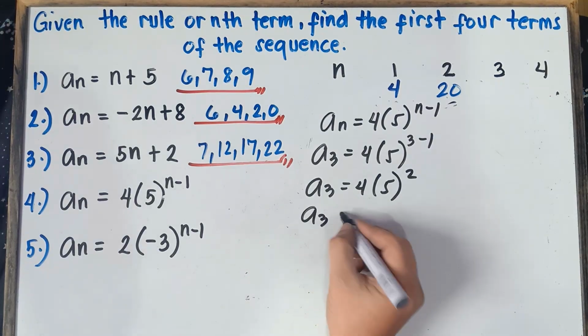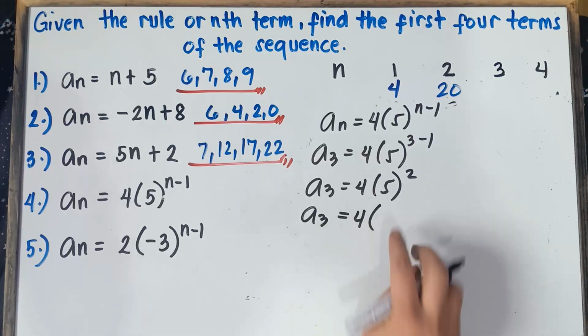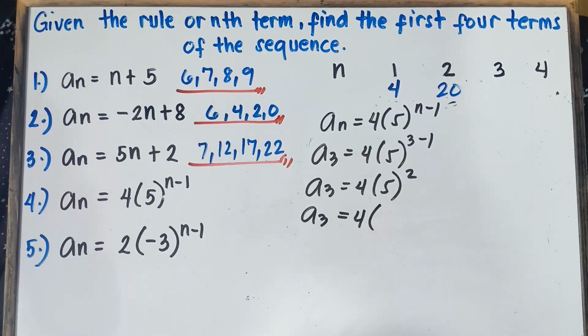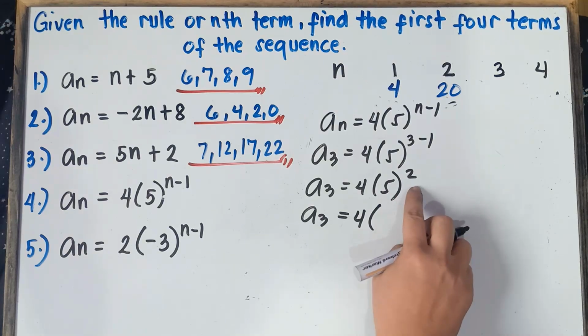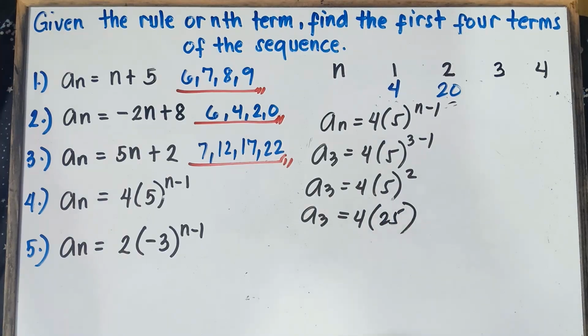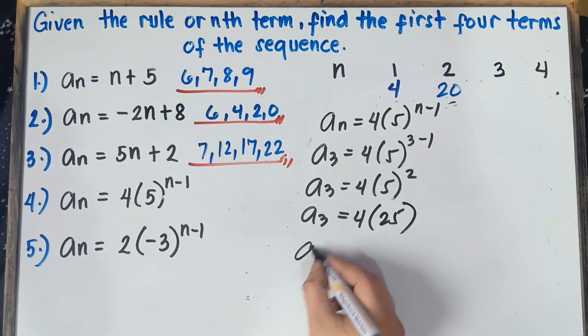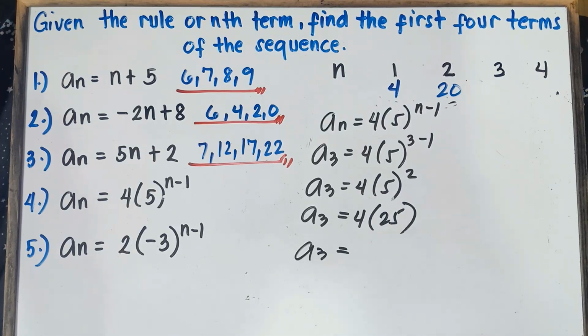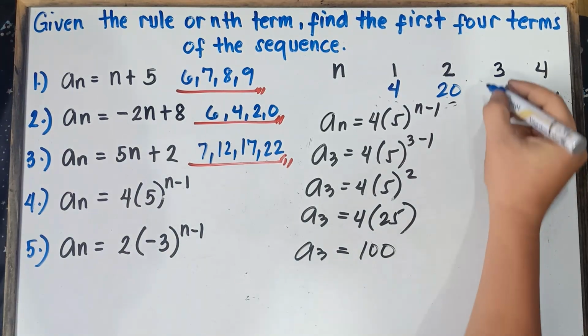So a sub 3 equals 4 times, once again, let's simplify this one, 5 squared. It doesn't mean 5 times 2, it means 5 times 5. 5 times 5, that would be 25. So this will be 4 times 25, a sub 3, that would be equal to, what's the answer, class? 4 times 25. That's correct, that would be equal to 100. Okay, so this is 100.